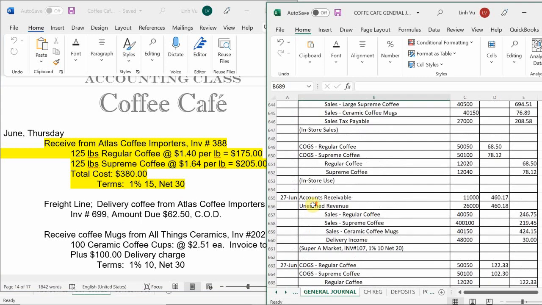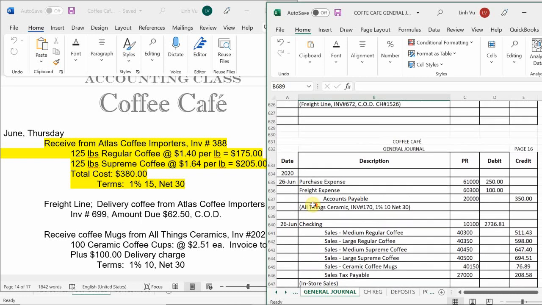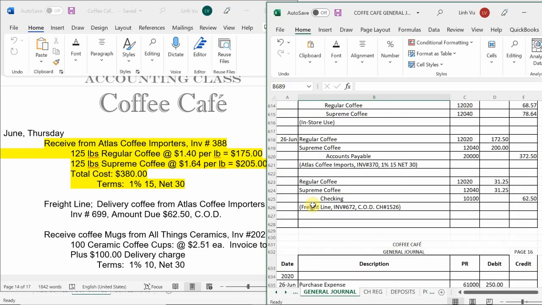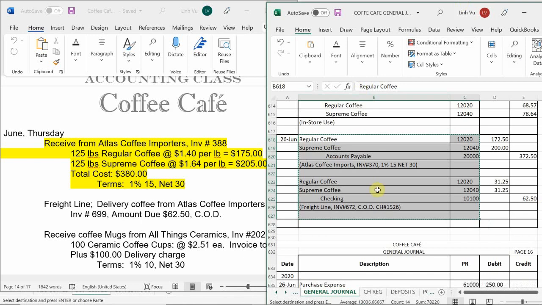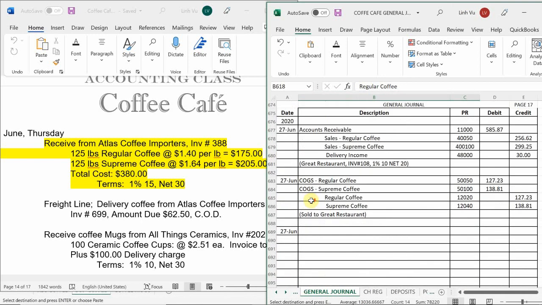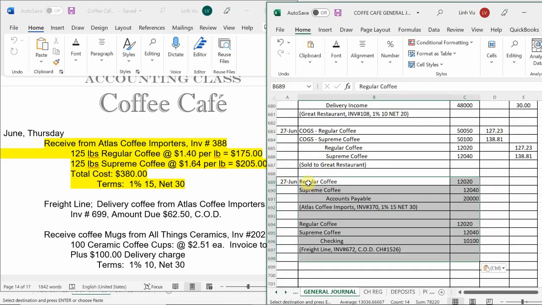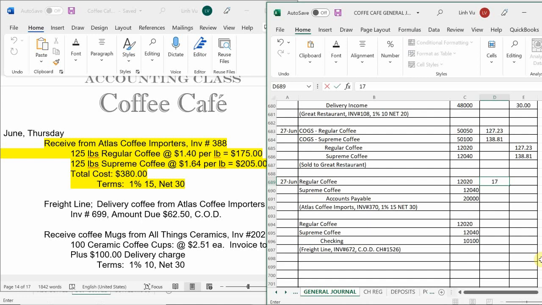Accounts payable and regular coffee and supreme coffee. Yes. Here it is. Okay, how much regular coffee did we buy? 125, or 125 pounds each.